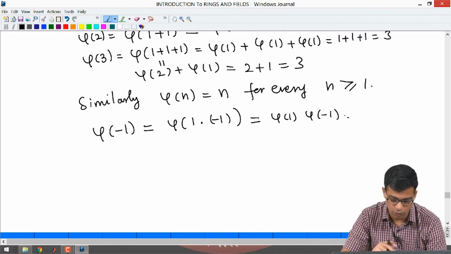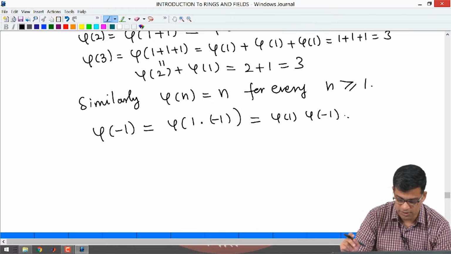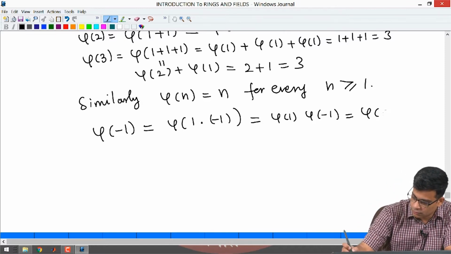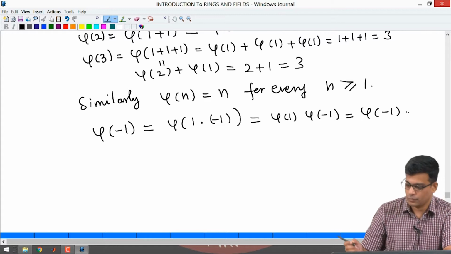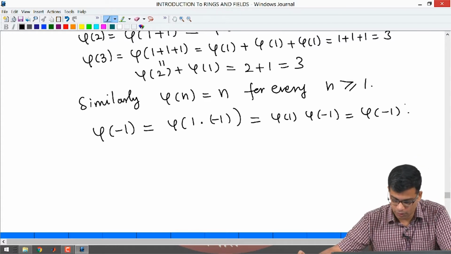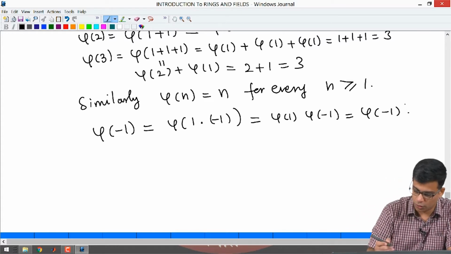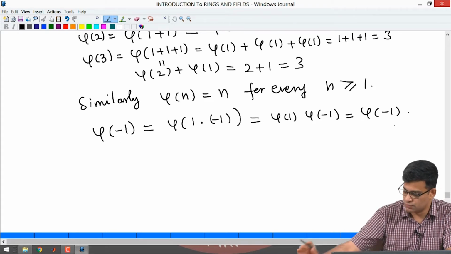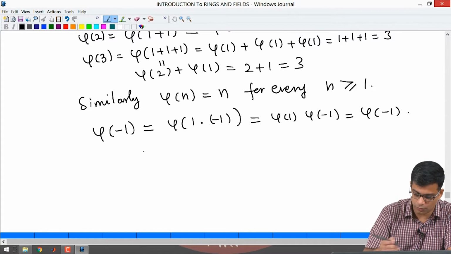So, this tells me nothing actually. This is just phi of minus 1. So, this is not useful in order to compute phi of minus 1, because phi of minus 1 is phi of minus 1, there is no information that we have.